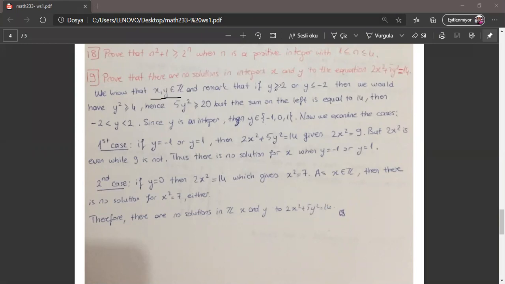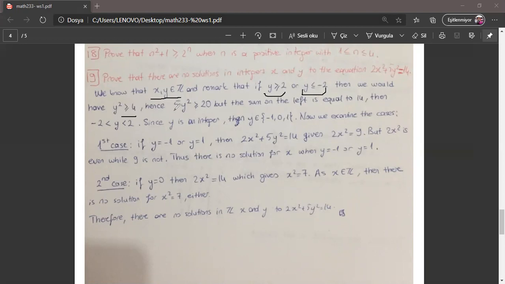And remark that if y is greater than or equal to 2, or y is less than or equal to -2, its square should be greater than or equal to 4, right? If we have these two conditions, we have this.